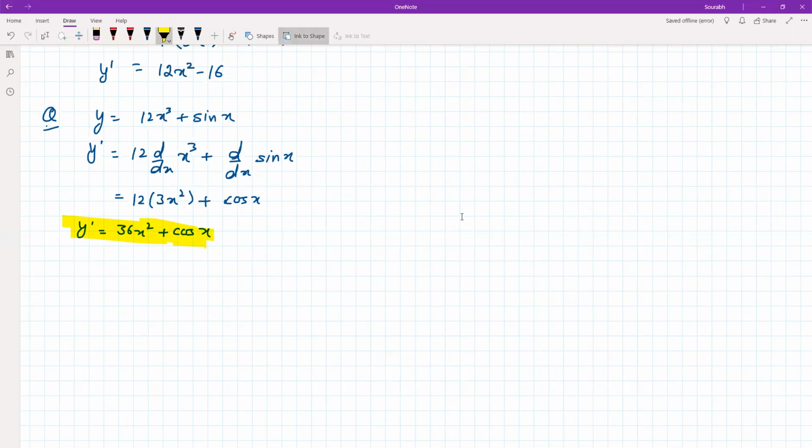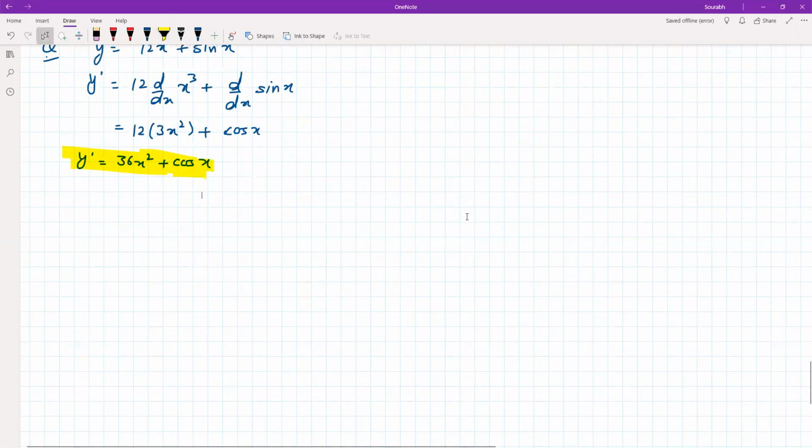Our next part, or the next rule, is about division and multiplication. So now suppose I am representing this f(x) as u, and another function is there, suppose g(x).